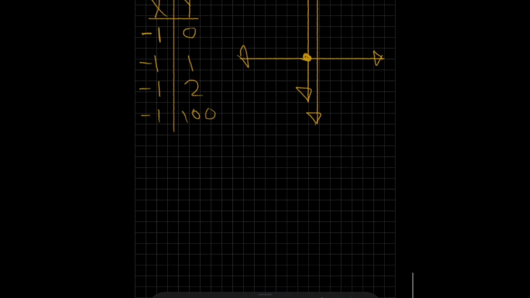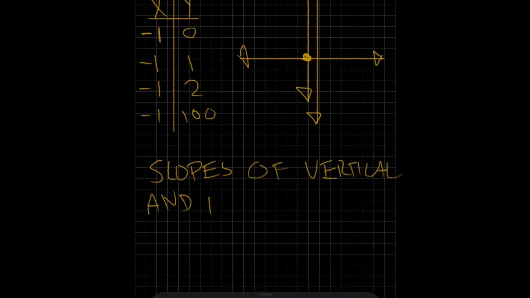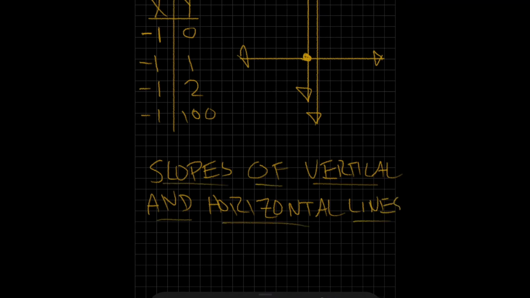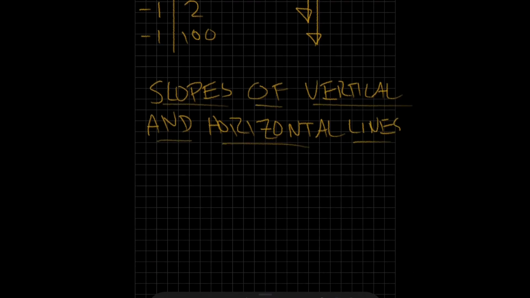I want to talk a little bit about the slopes of vertical and horizontal lines. So let's suppose we have the horizontal line that we used for our first example.